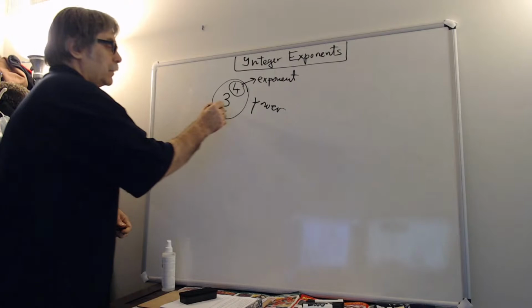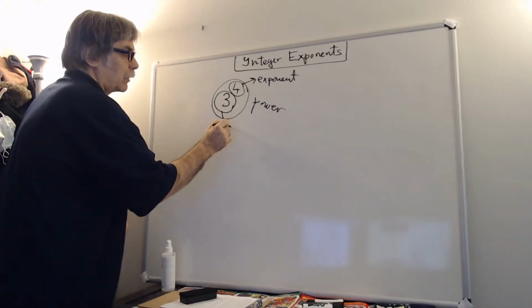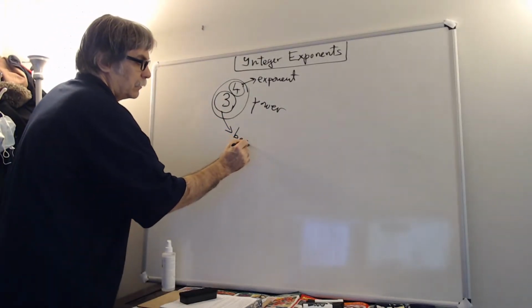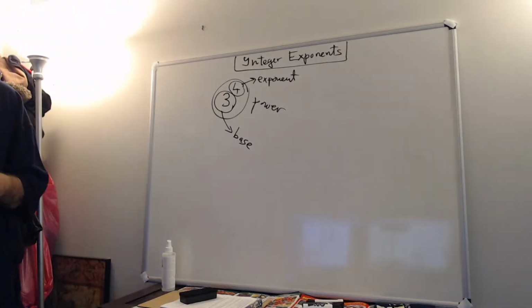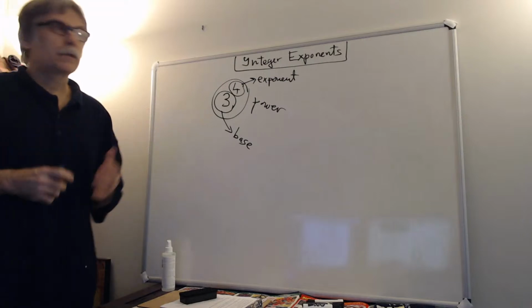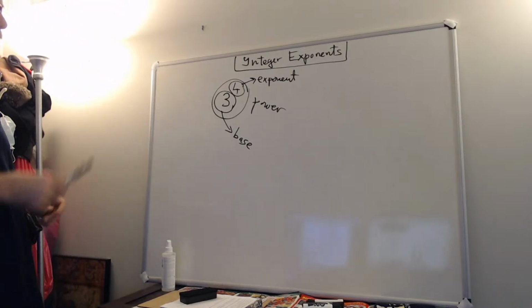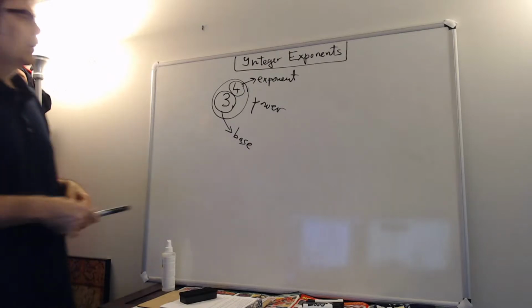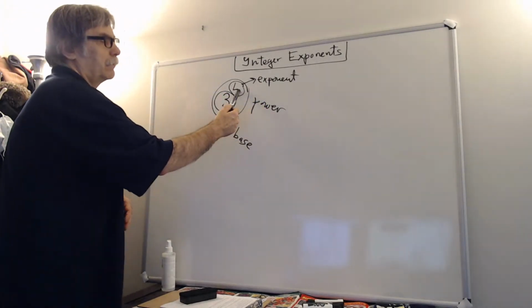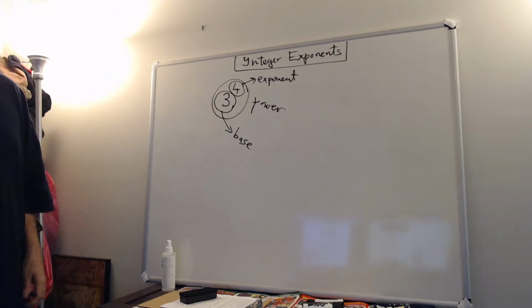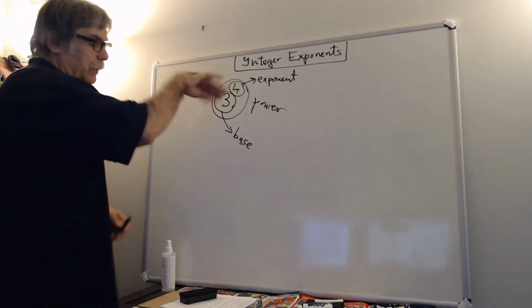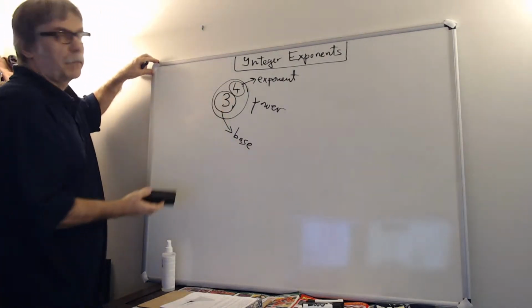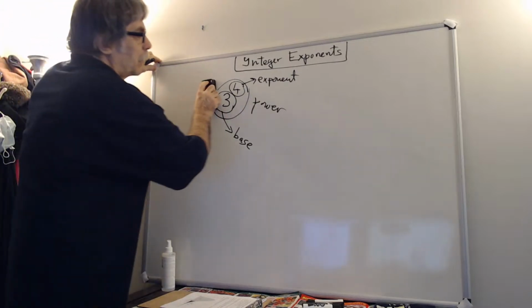And this we would call a base of the power. We will very often abuse the language here. So we're going to also very often call this number power, even though the whole thing is a power and the superscript is only an exponent of the power.